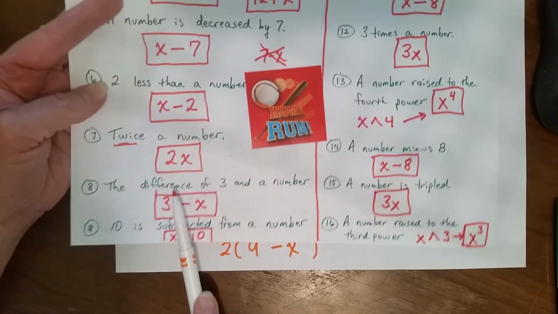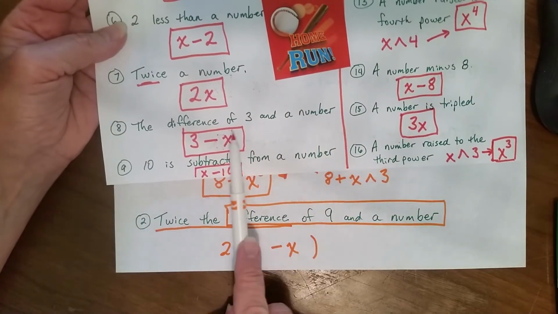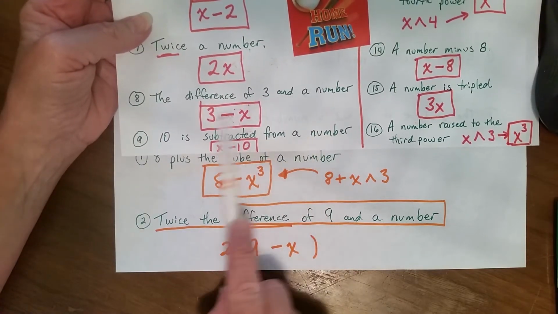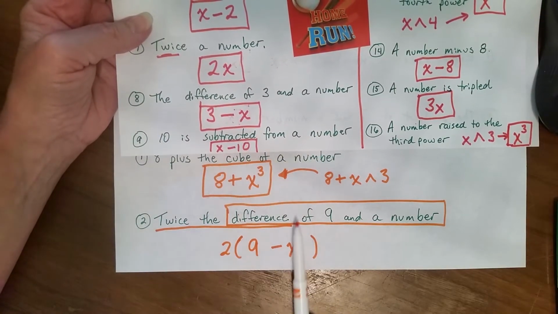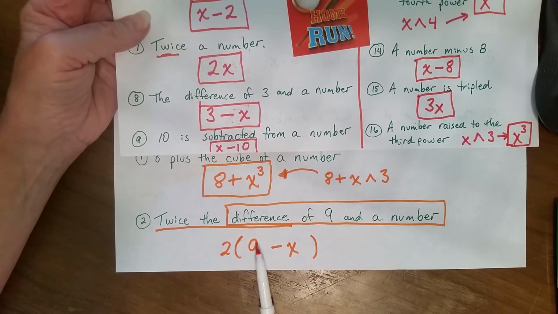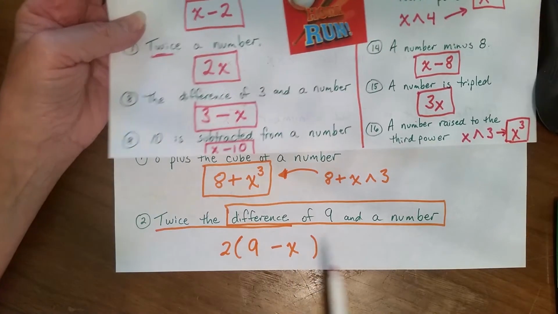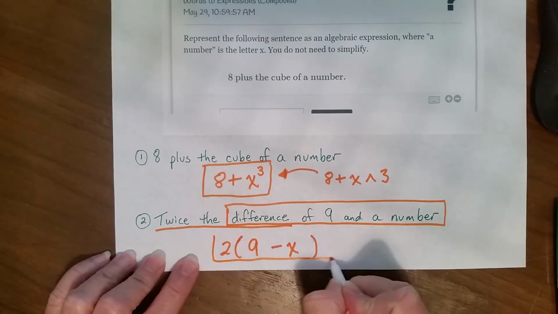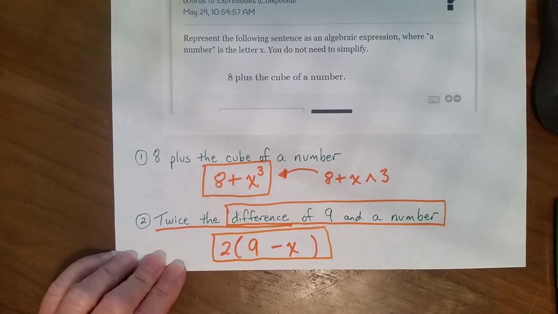But when it says the difference of 3 and a number, that just goes in that exact order. So the difference of 3 and a number is 3 minus x. The difference of 9 and a number, 9 minus x. So that one looks like that. So that is the answer to number 2.